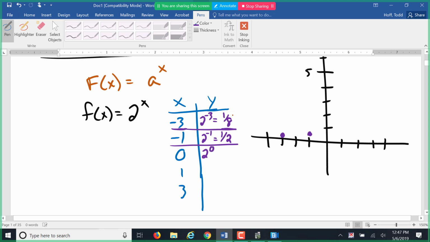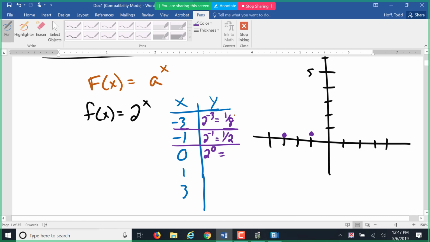If x is 0, what's 2 to the power of 0? Remember, anything to the power of 0 is 1. So that gives us the point 0, 1 right there. You should be able to distinguish a slight curve in that. It's not going to be a straight line. If x is 1, 2 to the power of 1 is 2.